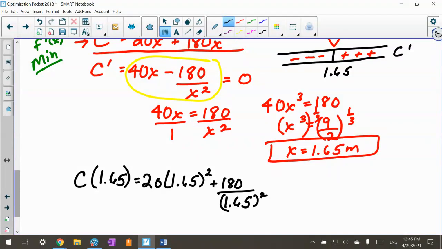Okay, because that's what your cost equation is. When you do, you'll find out the minimum cost. So make sure that you put it in your calculator and you round it to 2 decimal places.